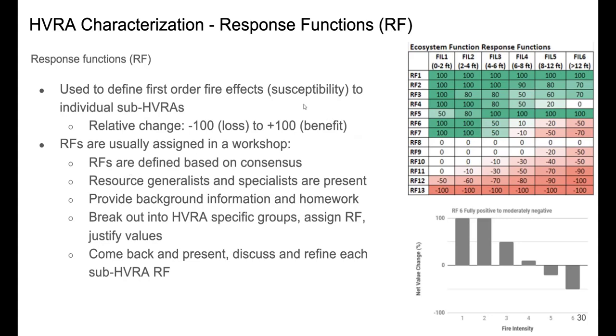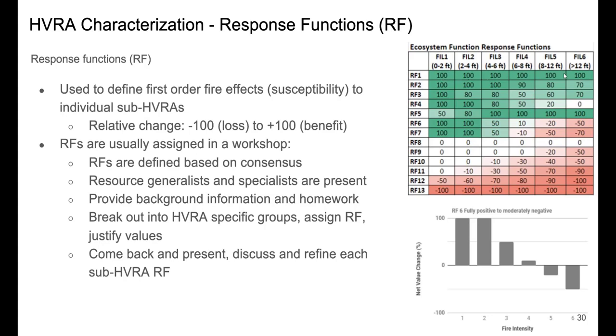So for response function, for each sub-HVRA, we're defining the first order fire effects in terms of positive 100 benefit to loss or negative minus 100%. So the values range from minus 100 to plus 100, and then they're applied to each sub-HVRA for each flame length class or fire intensity level.